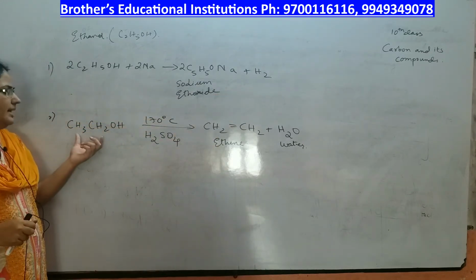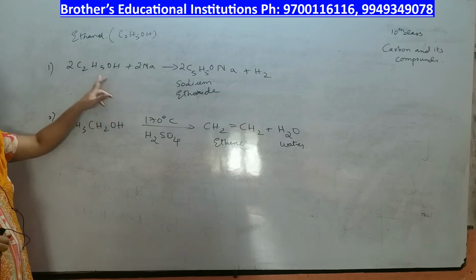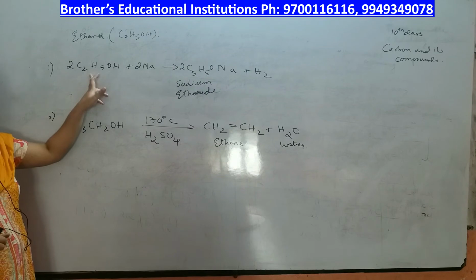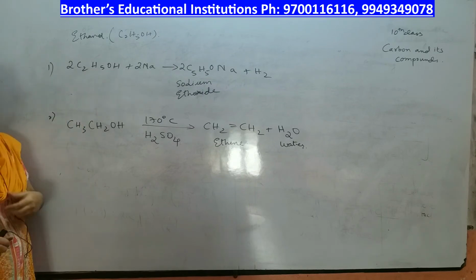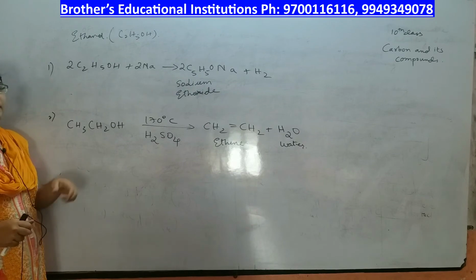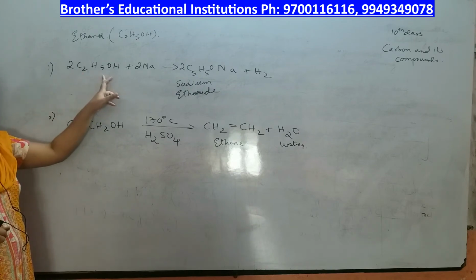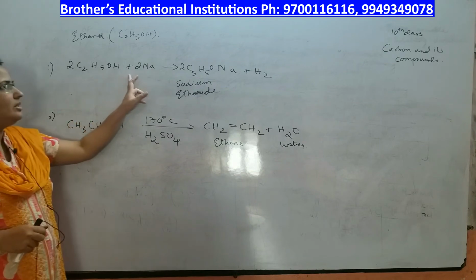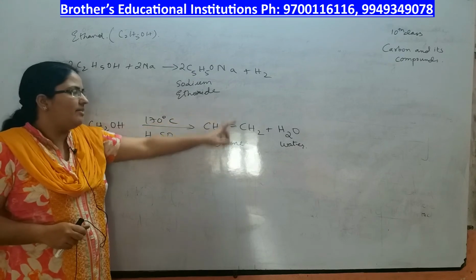Ethanol is similar to a water molecule, where in place of one H you have C2H5. H2O is the water molecule; if in place of one H you have C2H5, that is ethanol. Now ethanol reacts with metallic sodium to give sodium ethoxide plus hydrogen gas.